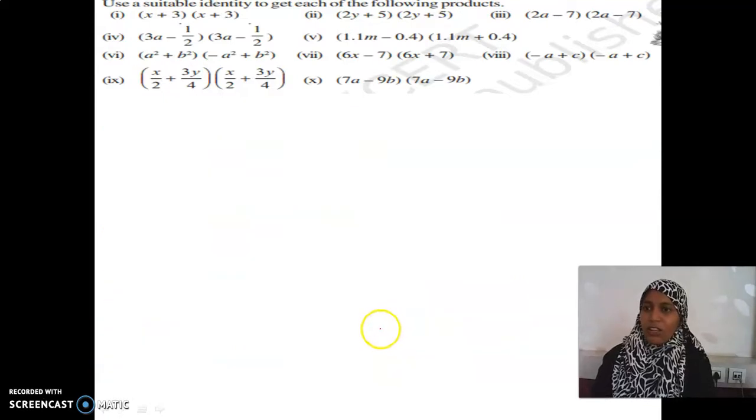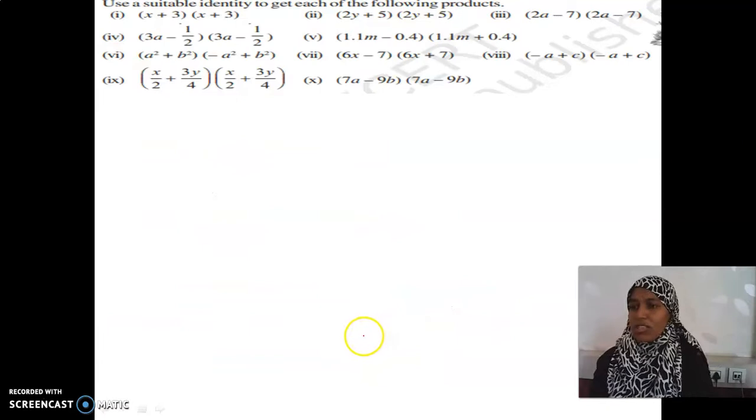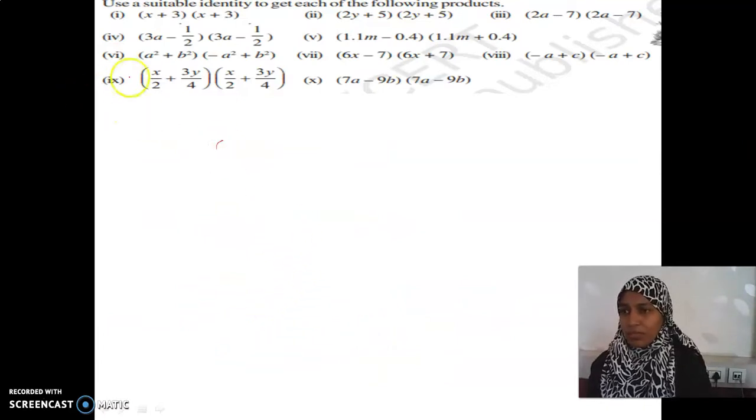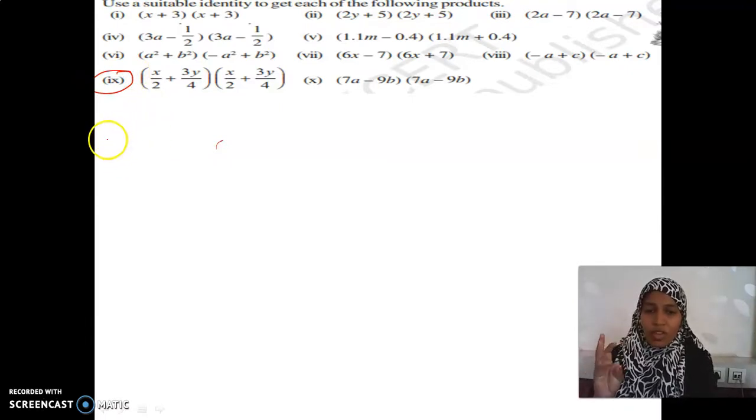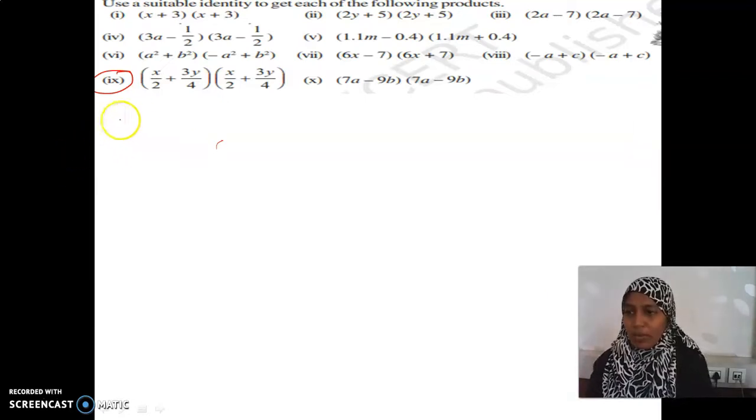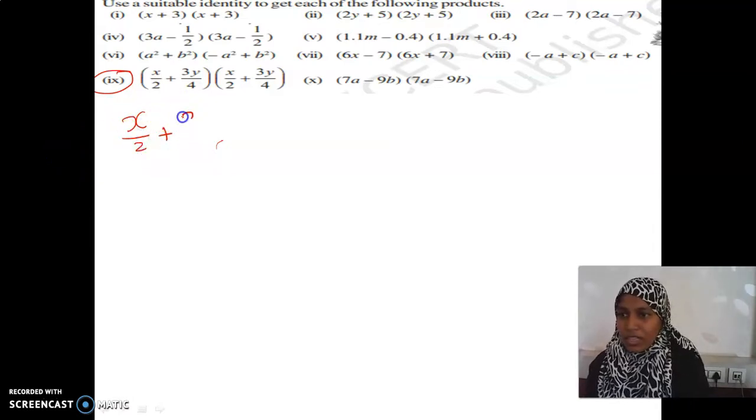Okay. Now, the next question that we are going to discuss here is the 9th question. See, in the first three sums, I made use of (a plus b) the whole squared, (a minus b) the whole squared, (a plus b) into (a minus b). And now again coming back to the first identity itself, (x by 2 plus 3y by 4).